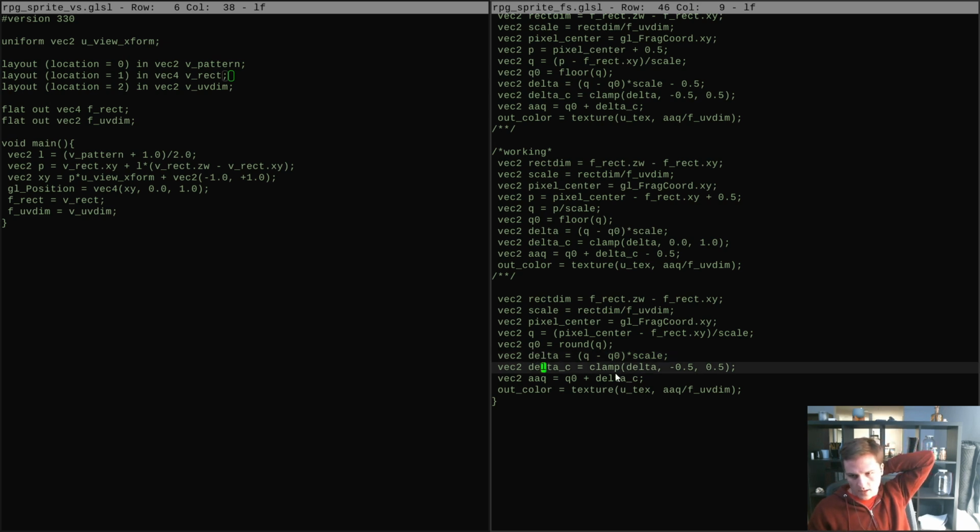How many pixels away are we? Clamp that so that if we're more than half a pixel away, we know that we're entirely inside that one texel. Does that make sense? There's a little bit of an assumption here about something. Let me think.